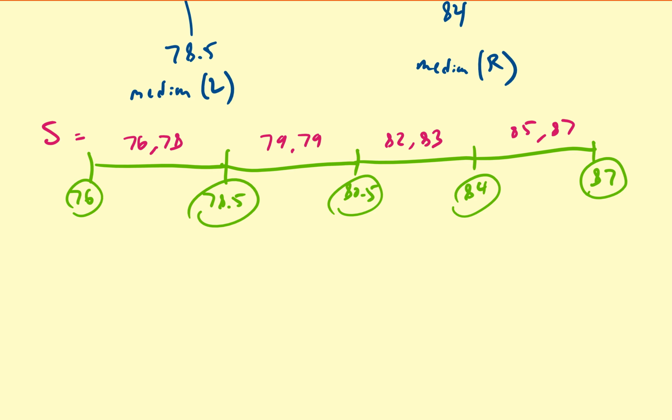So these are what we call quartiles. We're going to denote the first one as Q0, the next is Q1, Q2, Q3, and finally Q4. So these are the quartiles.